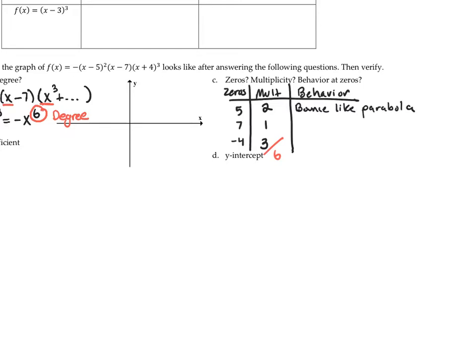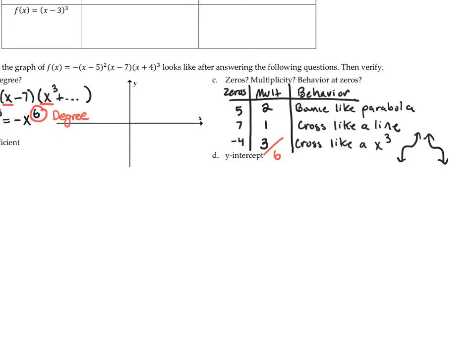Similarly, the x minus 7, just that part looks like a linear function, so it's going to cross like a line. And then the last part, the x plus 4 cubed, it's going to cross like an x cubed does. So an x cubed crosses the x-axis like that or that.